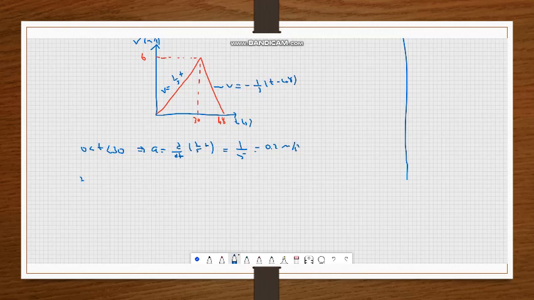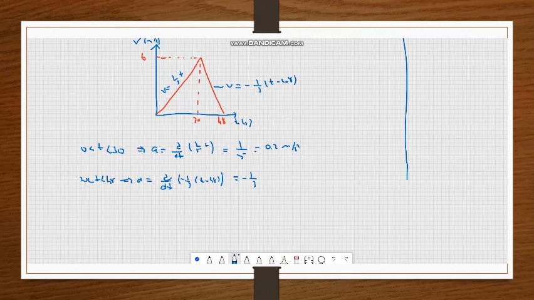And from 30 to 48 seconds, our acceleration is again d/dt, the first derivative of the given function, which is minus 1/3 (t minus 48), so it gives minus 1/3, right?